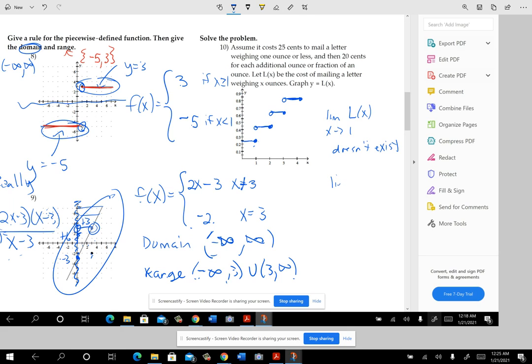But if you did the limit as x approaches 1.5, then it would equal, what is that, 25 and 20? That would equal 45 cents. So we dealt with postal rates in one of the problems we did. All right, so there we finally got it done.